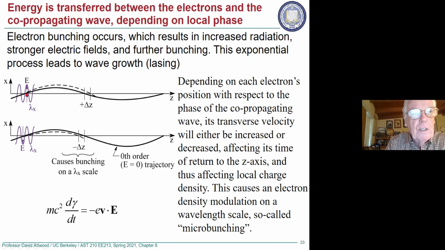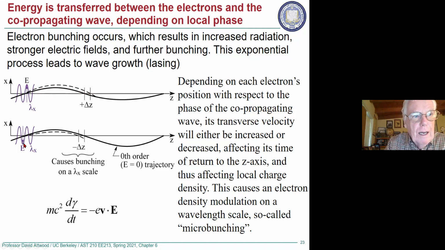And for those electrons, because of the kick, they go off axis a little further and they're a little slower to come back. It takes them a little longer to get back. And so there are some electrons that were located here at the peak of this pulse that would have arrived here, but they arrived here. So there's going to be fewer electrons here and more someplace else, okay?